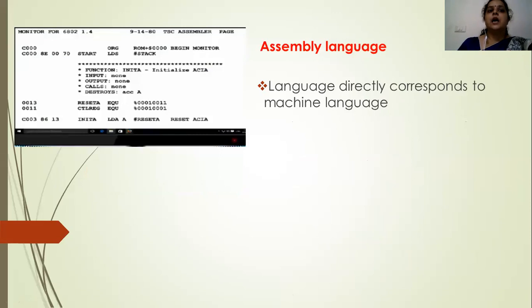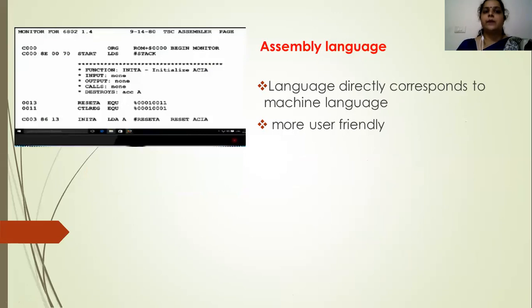Now next is assembly language, the next classification of low level language. What is assembly language? Assembly language is actually similar to machine language. There is not a vast difference between the two.